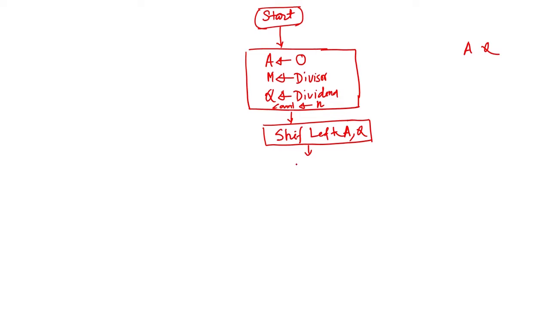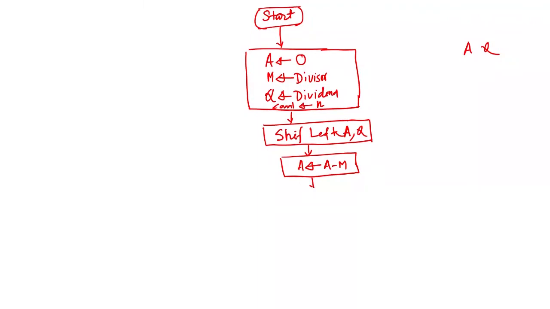Then we do the operation A equals A minus M. Ideally, we are shifting left and checking whether the value is smaller than the divisor or not.